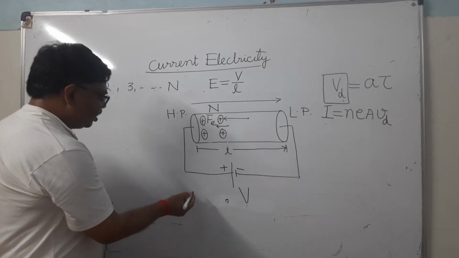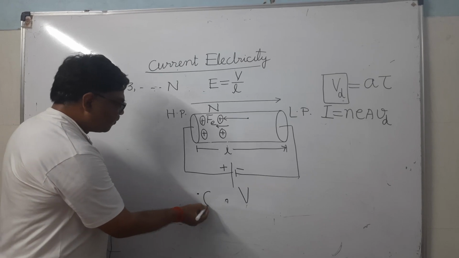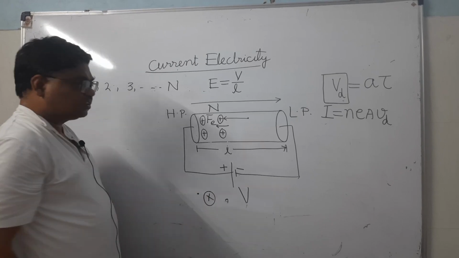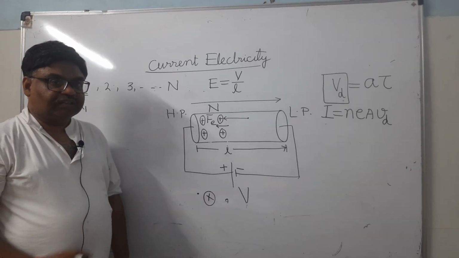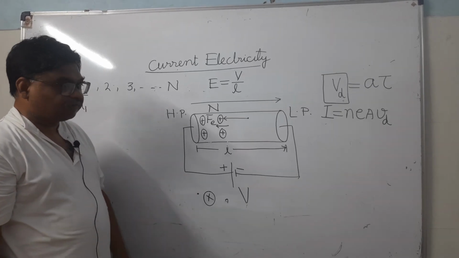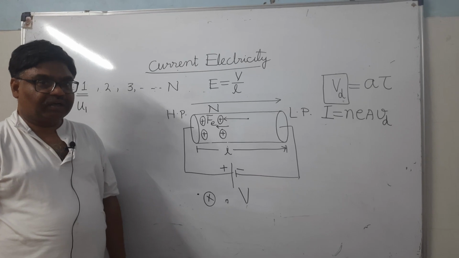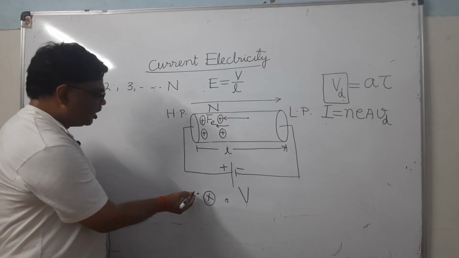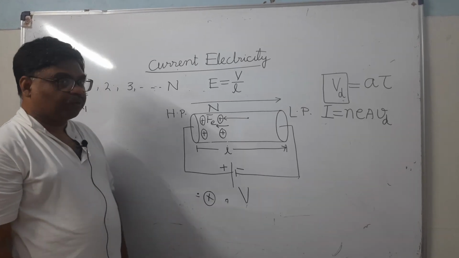Suppose this electron suffers collision with this positive ion. Just after the collision, the velocity of this electron is u1. It's clear?